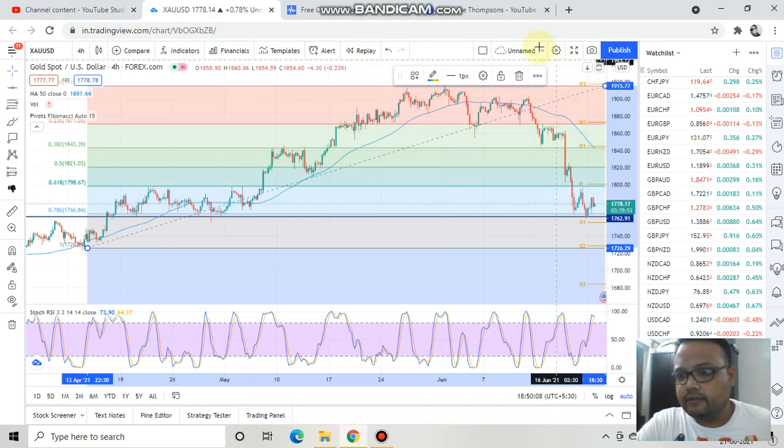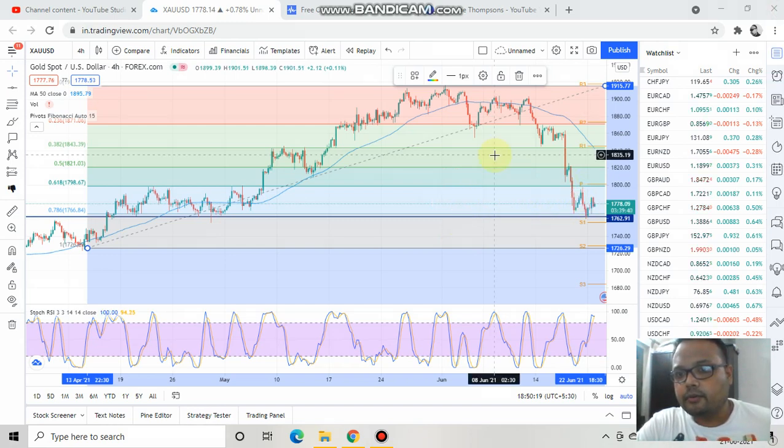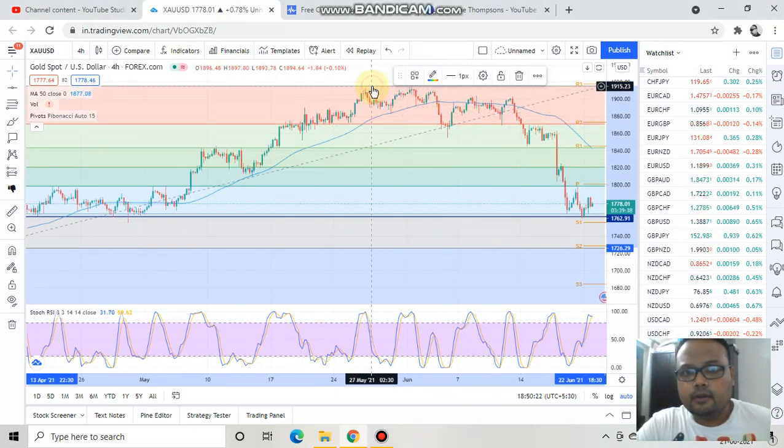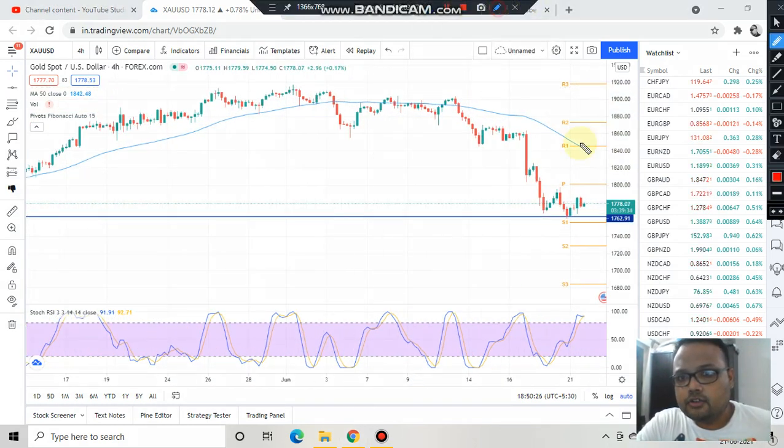And this is a Fibonacci level. In your charting platform, just mark this level, 61.8. This level is extremely important for you. If I remove it, you can see that this level is important on the Fibonacci retracement.